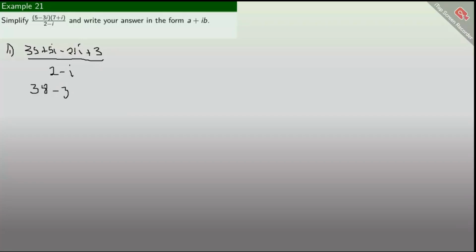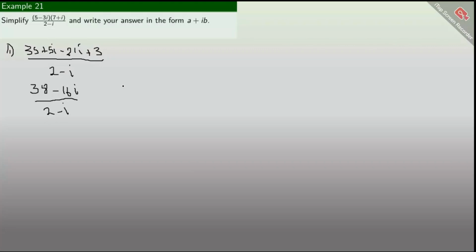We multiplied here times 3. So we have 5 minus 21. That's equal to what? That's equal to negative 16. So it will be negative 16i then over 2i.